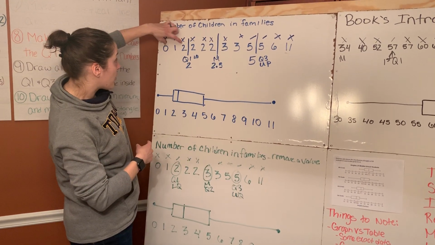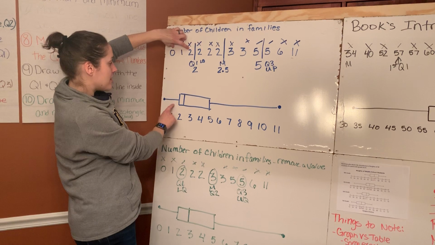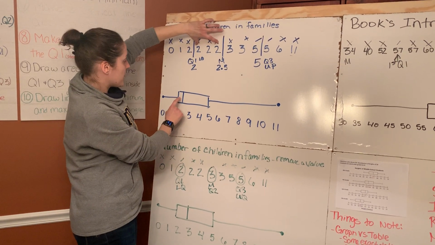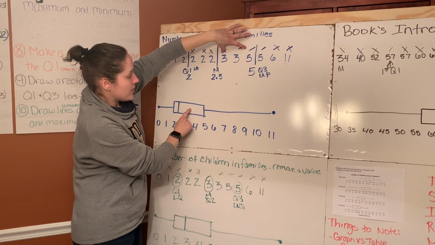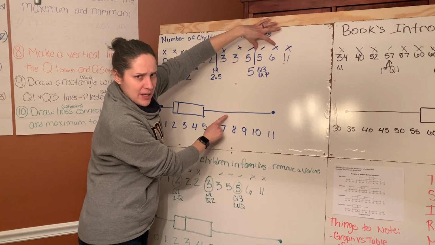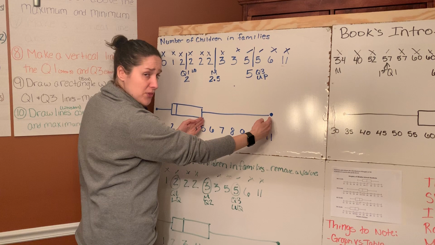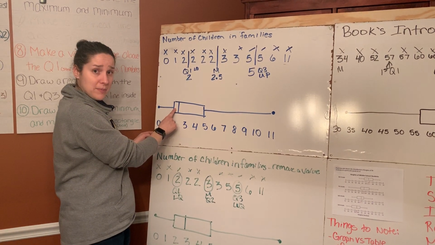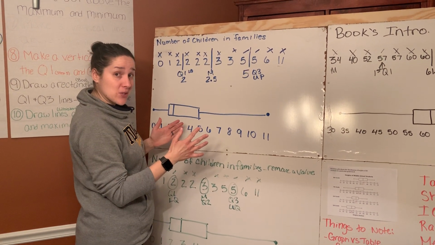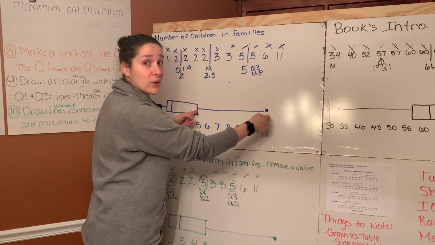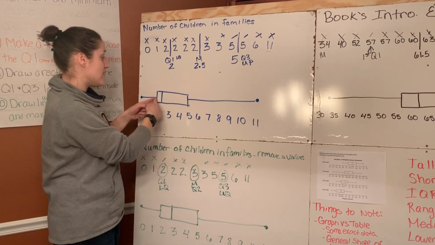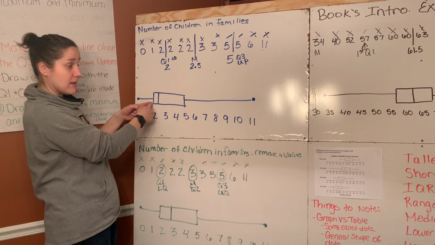So there are 3 people that fill up this part of it, 3 people that fill up this part, 3 people that fill this part, and 3 people that fill this part. This is worth 3 people, just like this is worth 3 people. But what a box and whiskers shows us is that this fourth of the people are a lot more spread out than this fourth of the people.